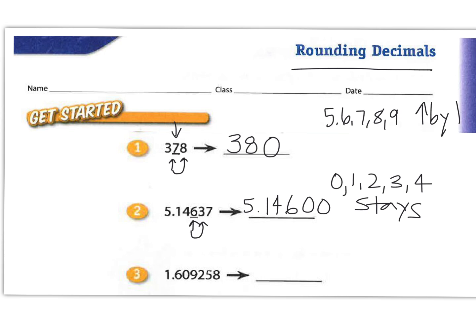Here, let's try again. We'll round to the hundredths place. Well, we look at the number behind it. It's a 9, so we know that it rounds up by 1. So we would say 1.6. Those stay the same, but the 0 is going to round up by 1 to 1.61. And then you can put the zeros behind it if you would like.